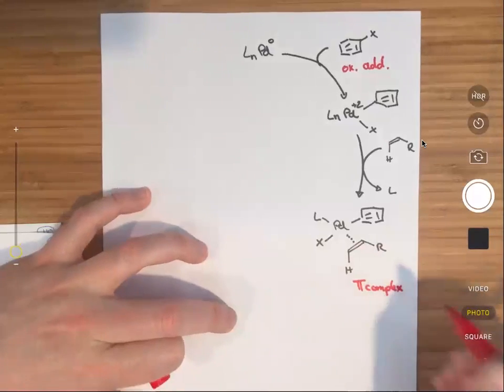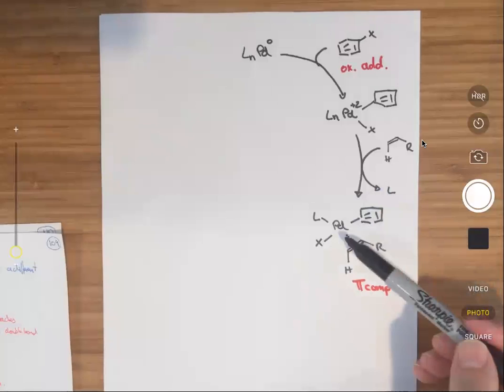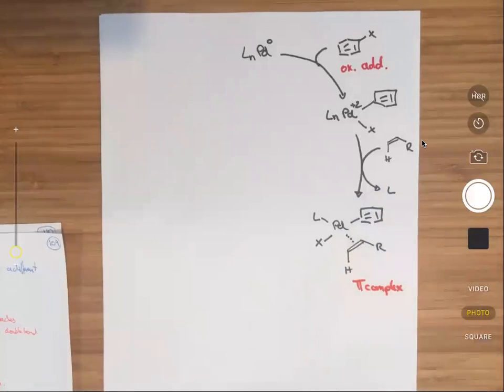All right. Now here comes the key step that is very unusual for all the transition metal catalyzed reactions that we have talked about so far, and this is called a migratory insertion. So you can think about this as essentially very similar.